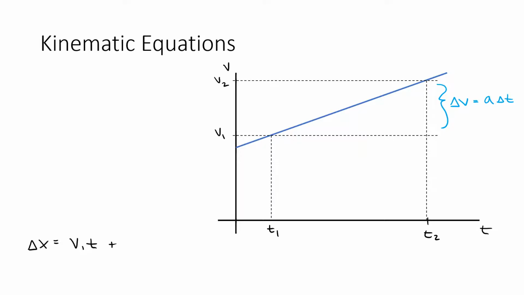So in this case, it's going to be 1/2 base times height. And the base down here is delta t. So we're ending up with a form that looks like this: 1/2 delta t times this.